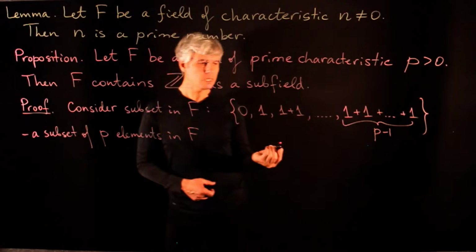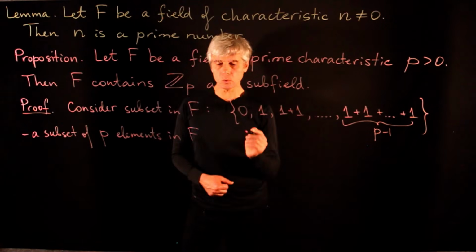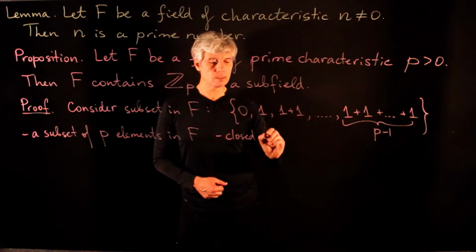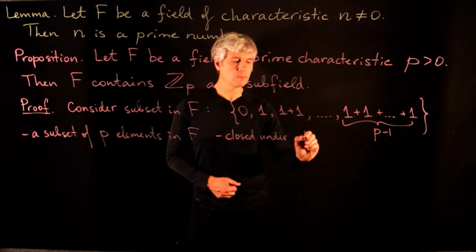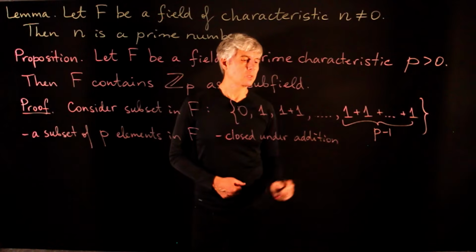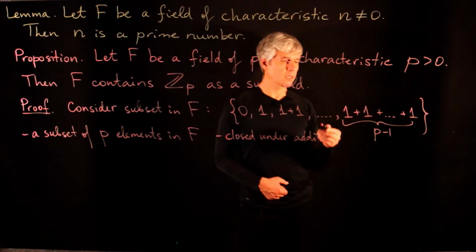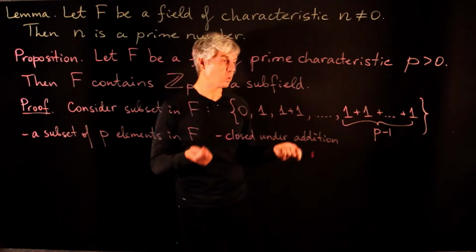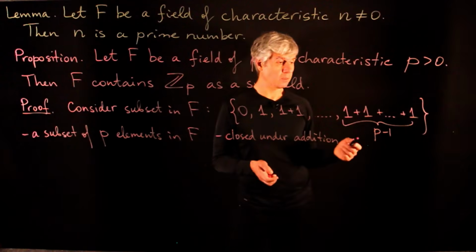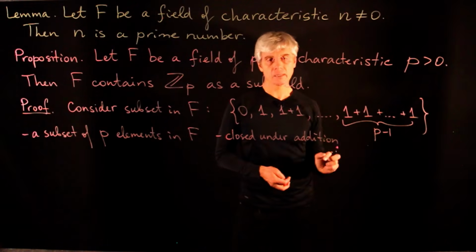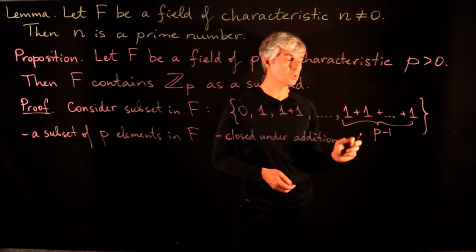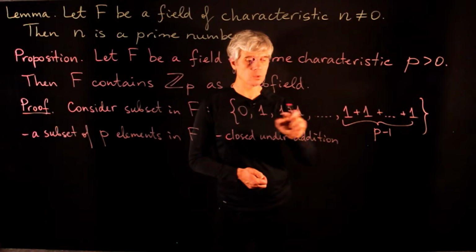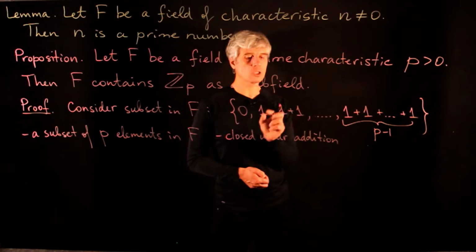And so what we see is that this subset is closed under addition, right? Because if we add some number of ones and another number of ones, then we just get more ones, right? And then if we obtain p ones, then we know that the sum of p ones is equal to 0, so we can cancel it. And then we can always reduce it to some number of ones which is smaller than p.